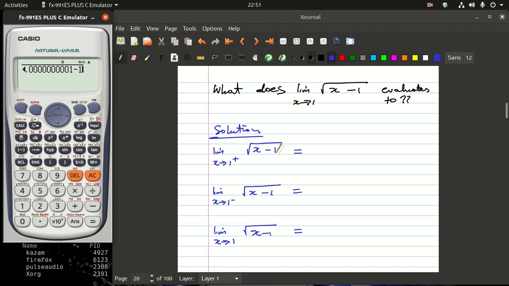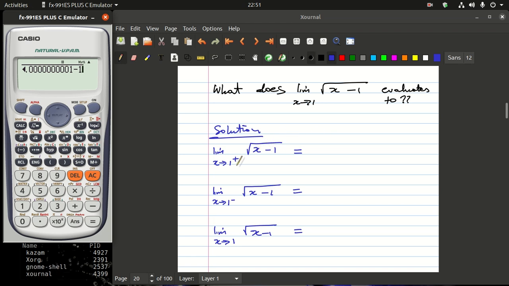I'm always going to get a value that is positive, which means I will be able to take the square root. So as long as this value is bigger than 1, I will be able to subtract 1 from it and still get a positive value.